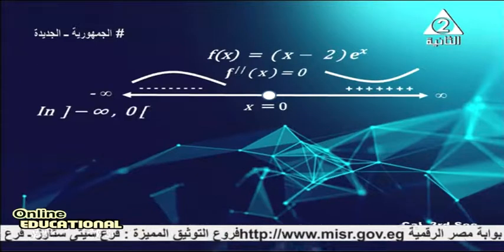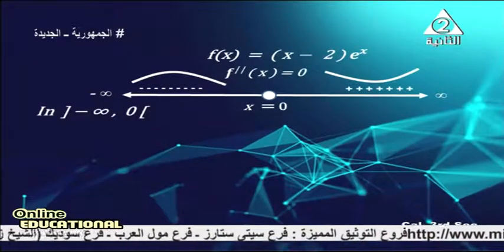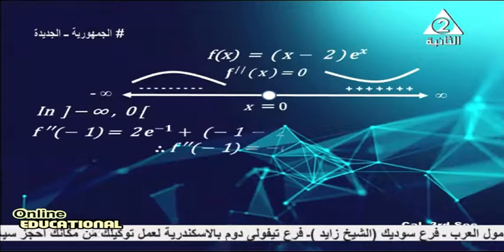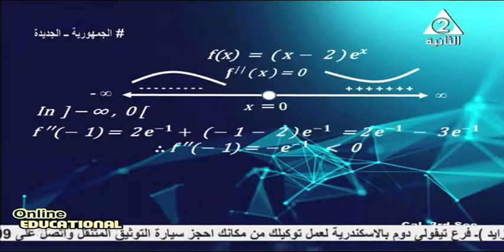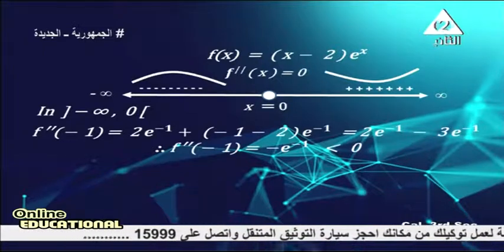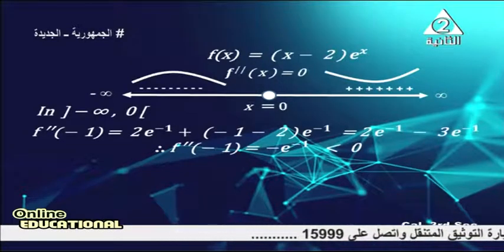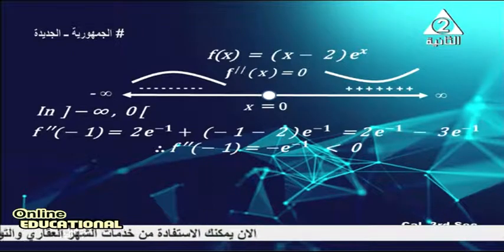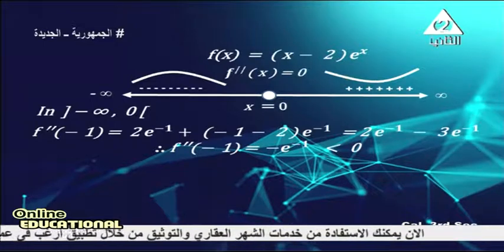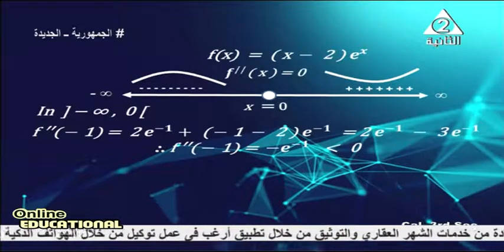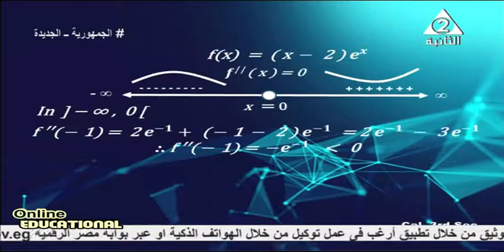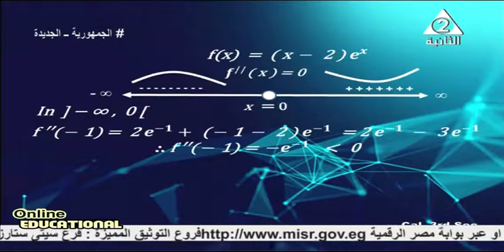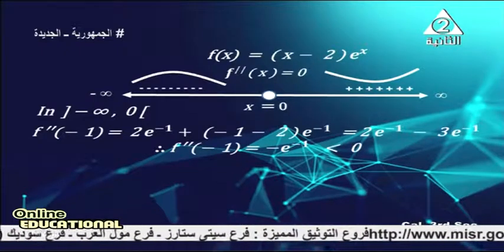We can choose any number belonging to the open interval (negative infinity, 0) and substitute in the second derivative. Then f''(-1) equals 2 multiplied by e^(-1) plus (-1 - 2) multiplied by e^(-1), which equals 2e^(-1) - 3e^(-1).